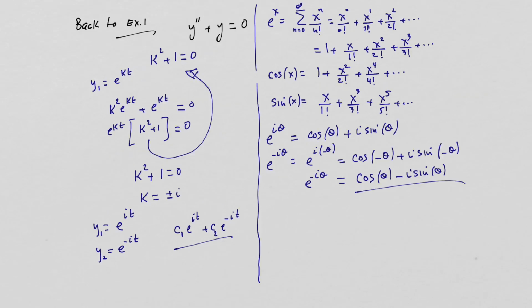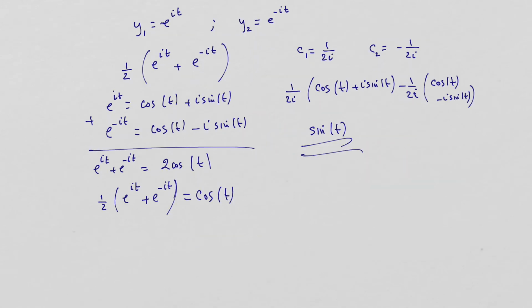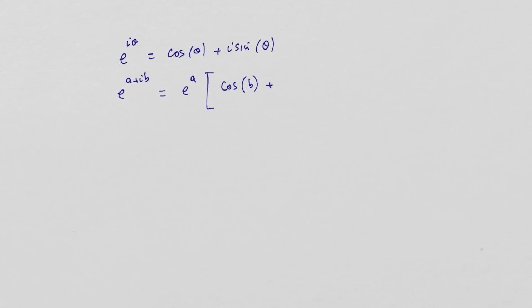But since I mentioned this, I want to take full advantage and share with you something really cool. So that has nothing to do with our course now, okay? So we know that e to the i theta is cosine theta plus i sine theta. And by the way, e to any complex number a plus ib is going to have to be e to the a times cosine b plus i sine b, right?